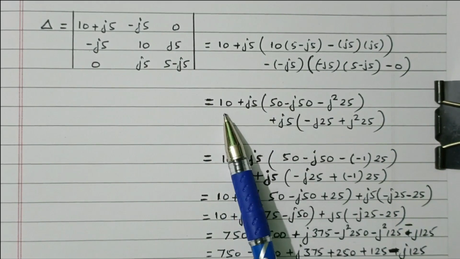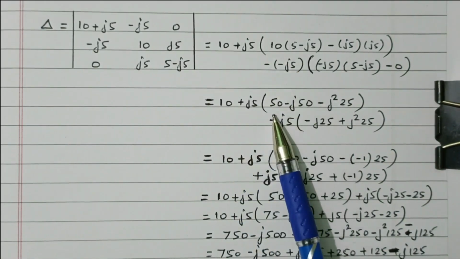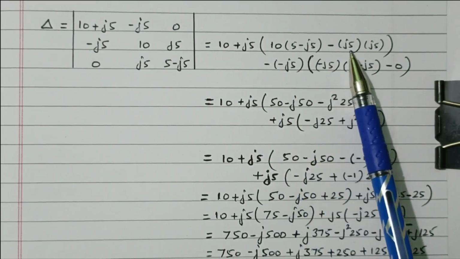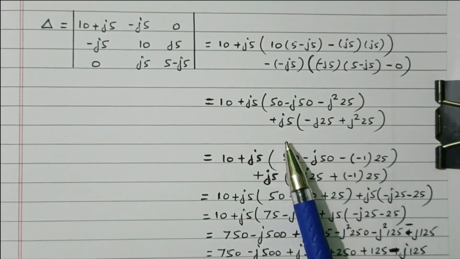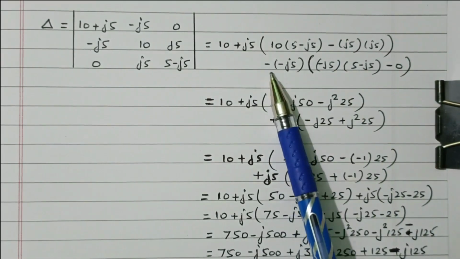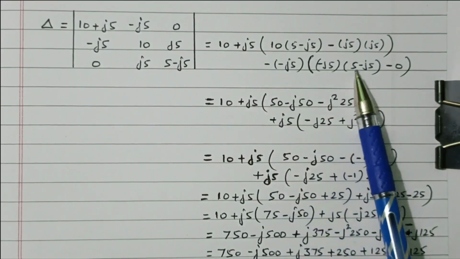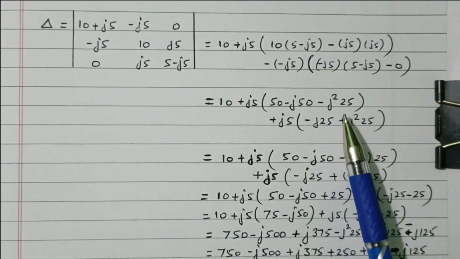Now we will go for further simplification. 10 + j5, this 10 is multiplied inside. So 50 − j50. Here minus j5 into j5, so j square 25, 5 into 5, 25. Then these two minus signs: here also minus, it becomes plus. So multiplied inside: minus j5 into 5, so minus j25.